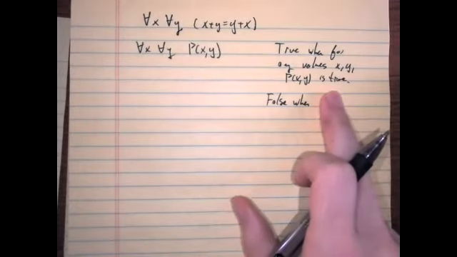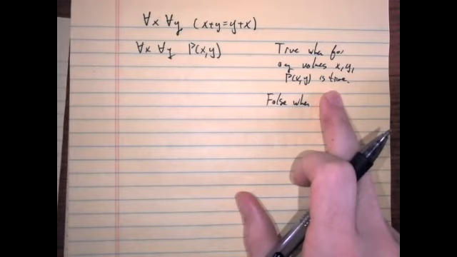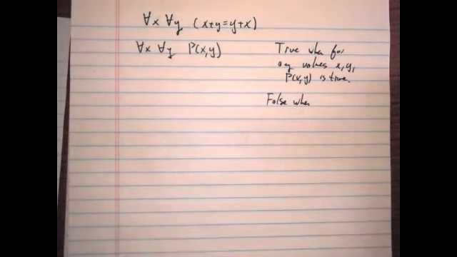This is saying for any pair xy, p of xy is true. So it's false whenever any value of x or y makes p of xy false.